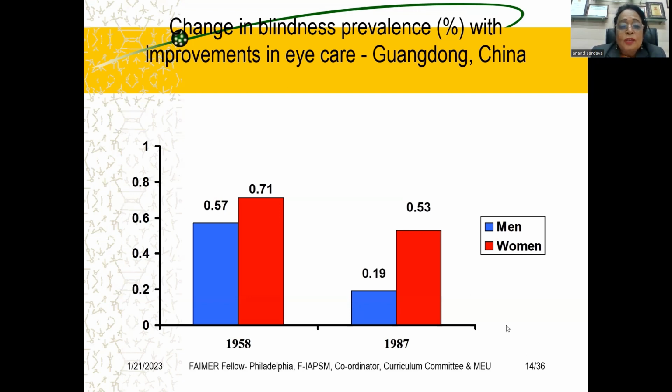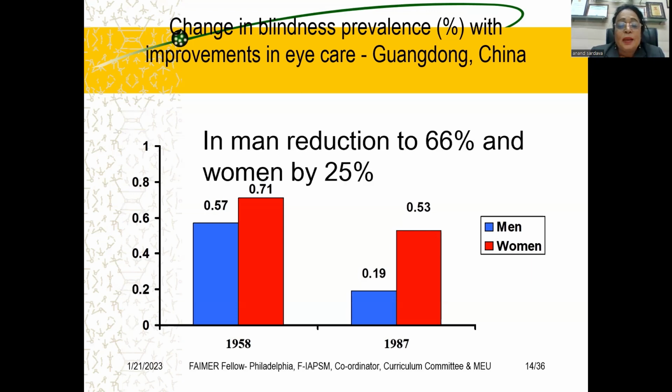So, what should be done? If this is the case with a problem which should have nothing to do with gender, we need differential strategies for women to reduce blindness. There should be gender-specific aspects in the program to deal with this problem.